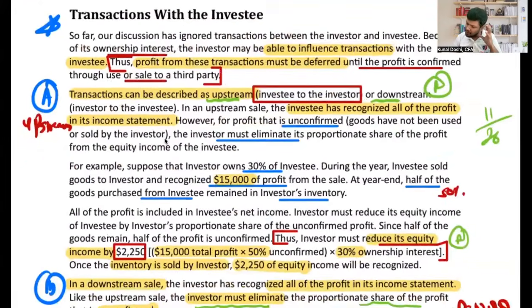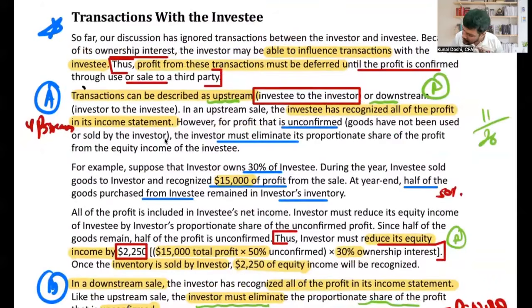This is just for your general knowledge, and it might be tested in exams in theoretical form. What exactly do we mean by upstream and downstream? Upstream is any transaction from investee to investor, and downstream is the opposite, from the investor to the investee. There is a transaction of buying and selling goods, so the profits will have to be adjusted.